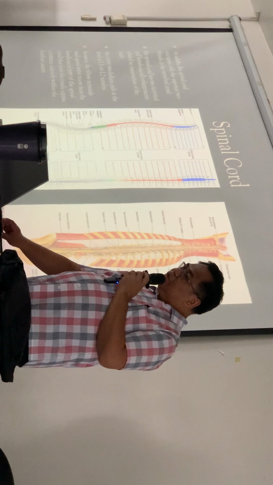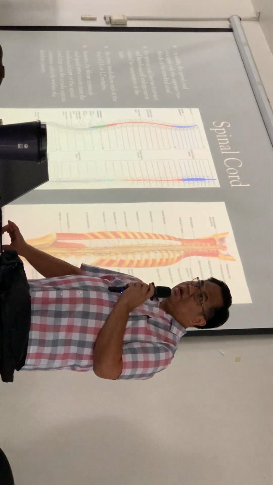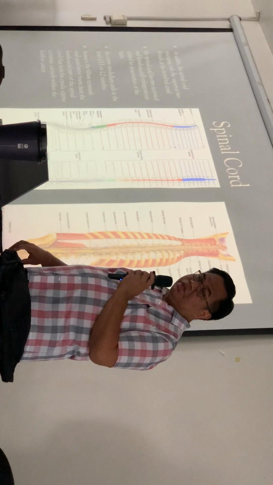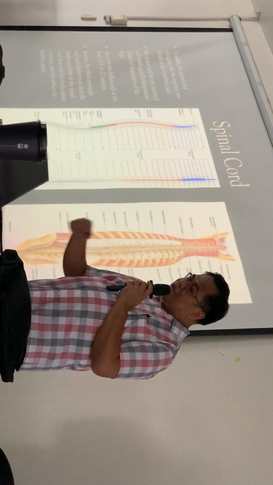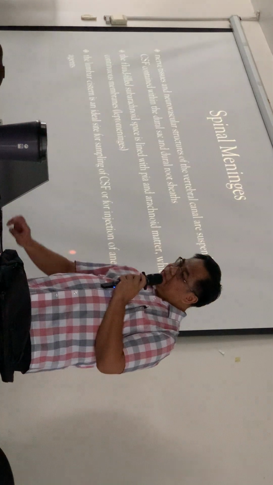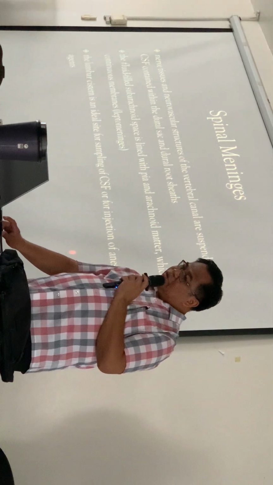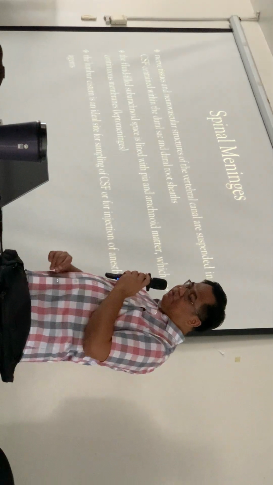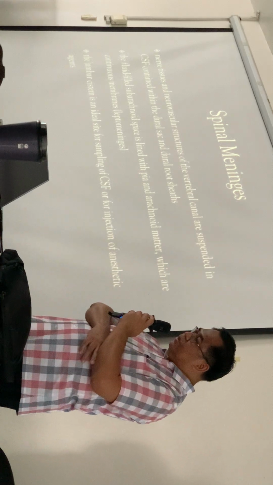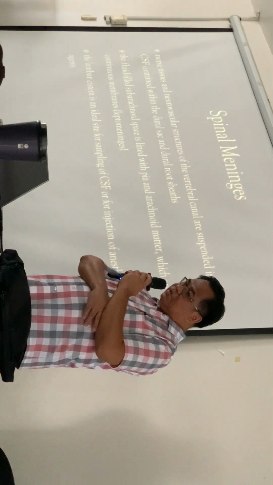If you need to sample CSF, you can puncture at the L3 or L4 level, and you are sure not to injure the spinal cord, because the spinal cord ends at L1. Nerve tissues and neurovascular structures of the vertebral canal are suspended in CSF contained within the dural sac and dural root sheaths.